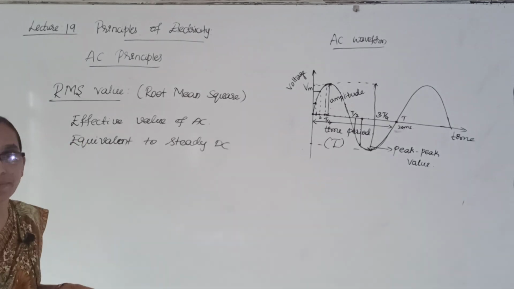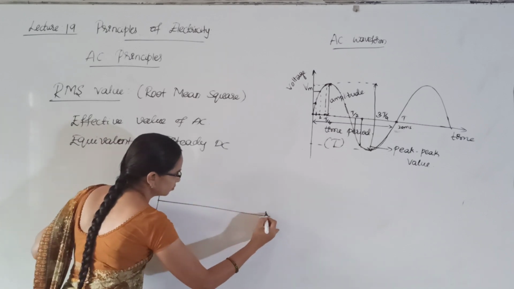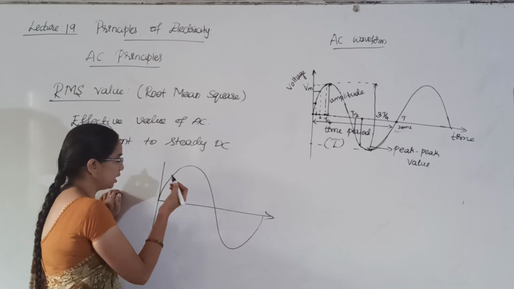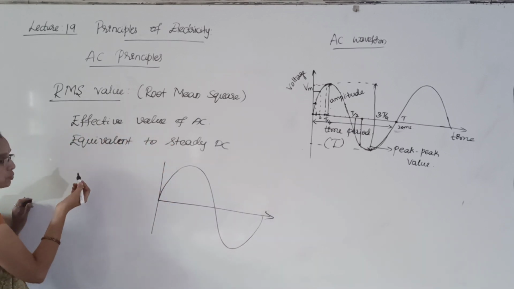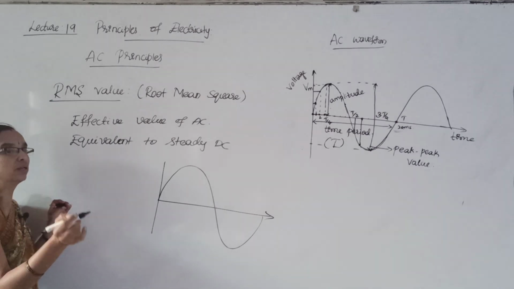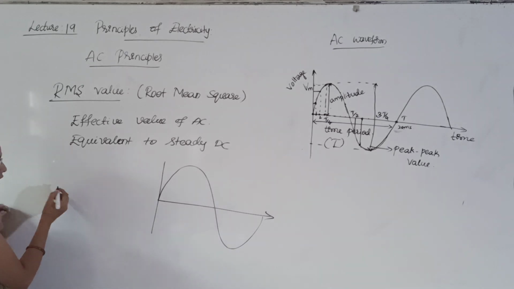And how is this RMS value taken? See, if this is an AC signal, RMS value tells us root mean square value. It is the root of the mean of the squares of the instantaneous values of the AC voltage or current. Anything you can take, current or voltage.